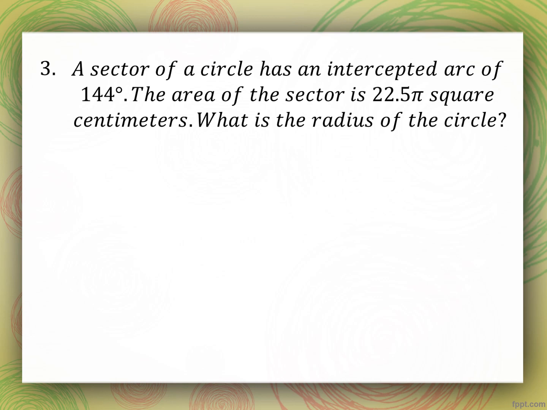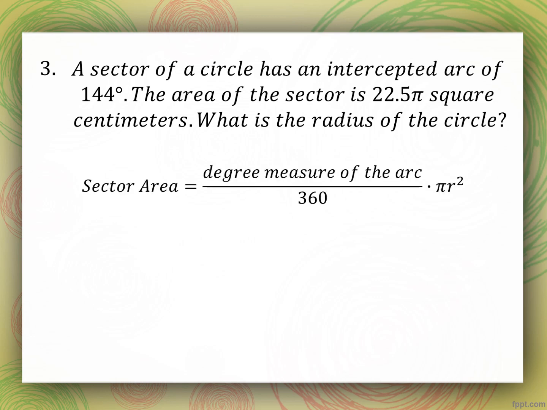So we can just substitute all the given here to the formula, and then we can find the measure of its radius. So let's do that one. Okay, so we're given the sector area, which is 22.5 pi.